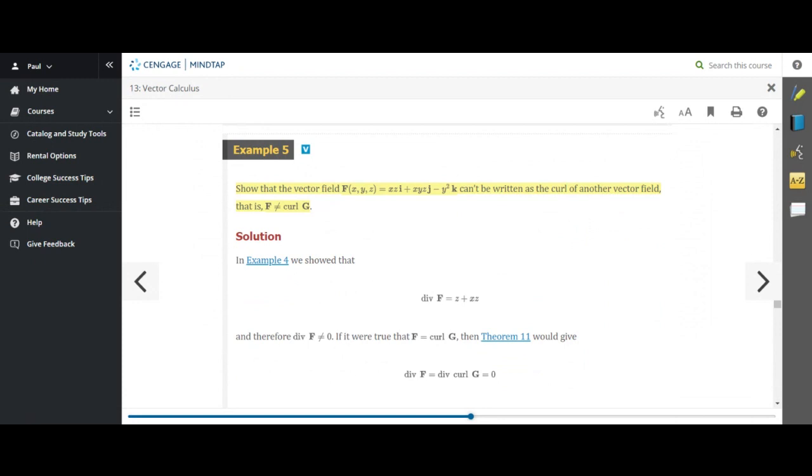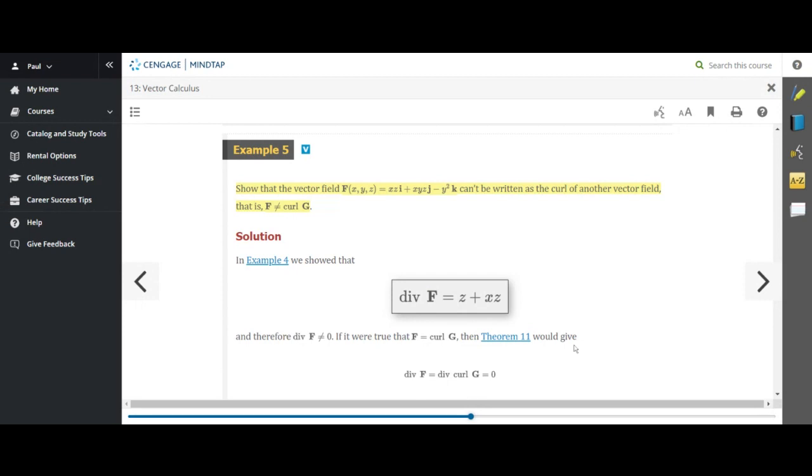That is, the curl of some other vector field G cannot be equal to the vector field F. Well, we showed that the divergence of that vector field was equal to z plus x times z, and so the divergence of the vector field is non-zero.